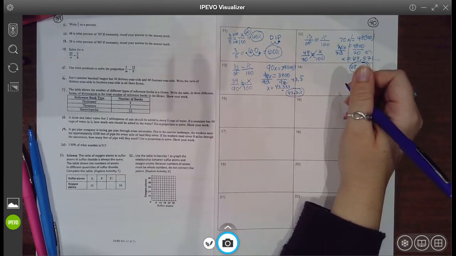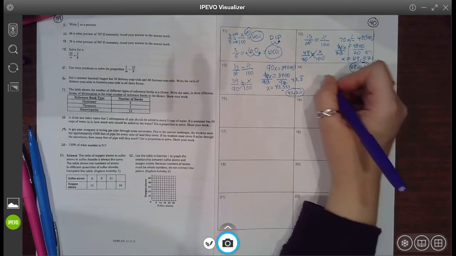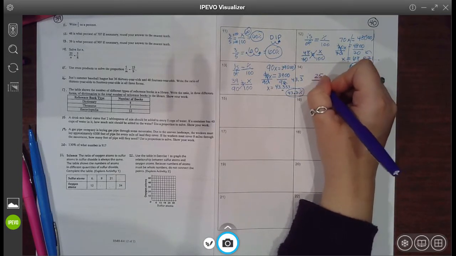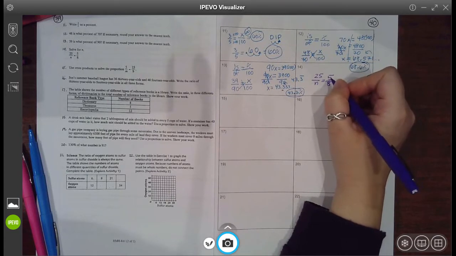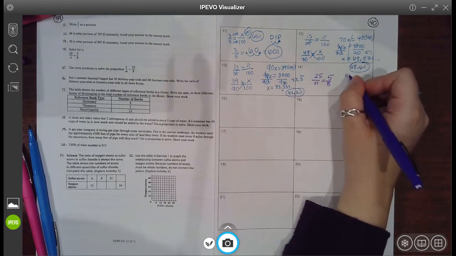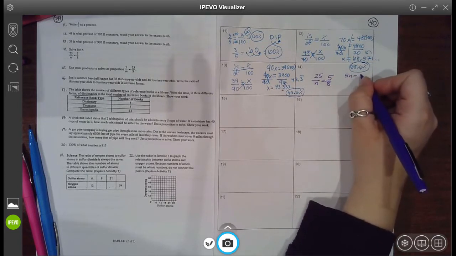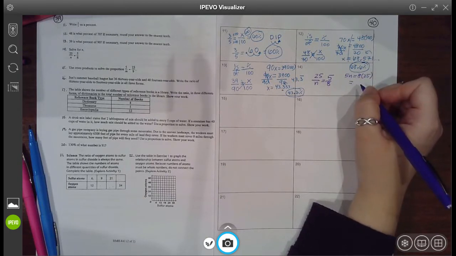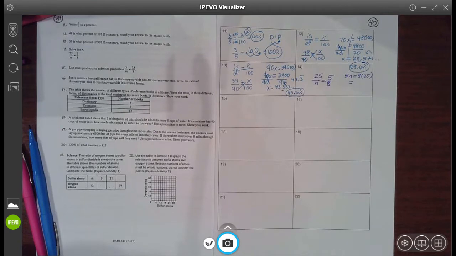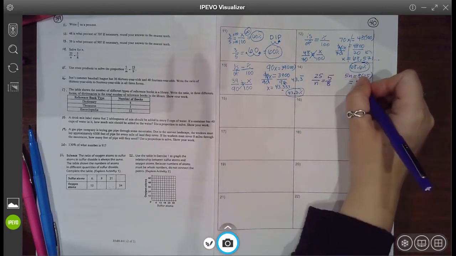Number 14 says solve for n, and you have 25 over n equals 5 over 8. Well, cross products: 5 is across from n, and 8 is across from 25. If you type in 8 times 25, you get 200.